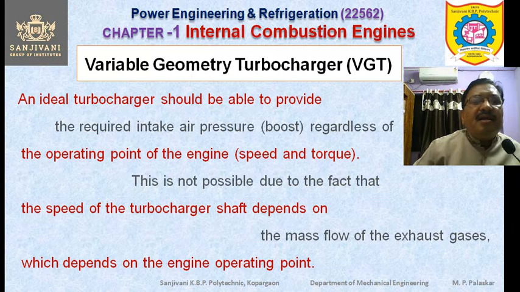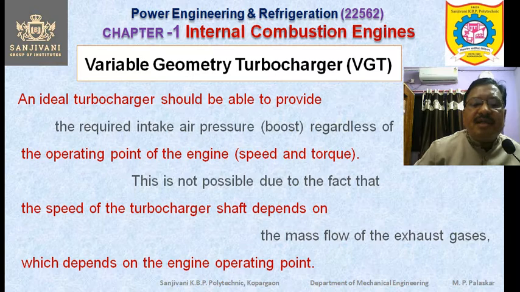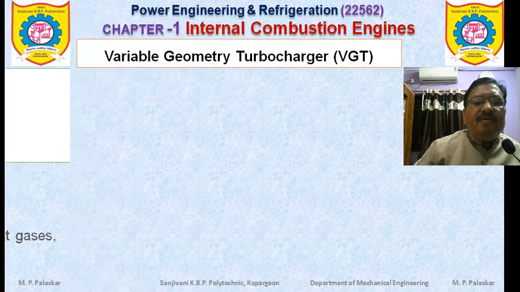When the pressure required at the inlet of the engine is high, the pressure provided by the turbocharger may be less, because the turbocharger is operated by the exhaust gases. So this mismatch occurs.